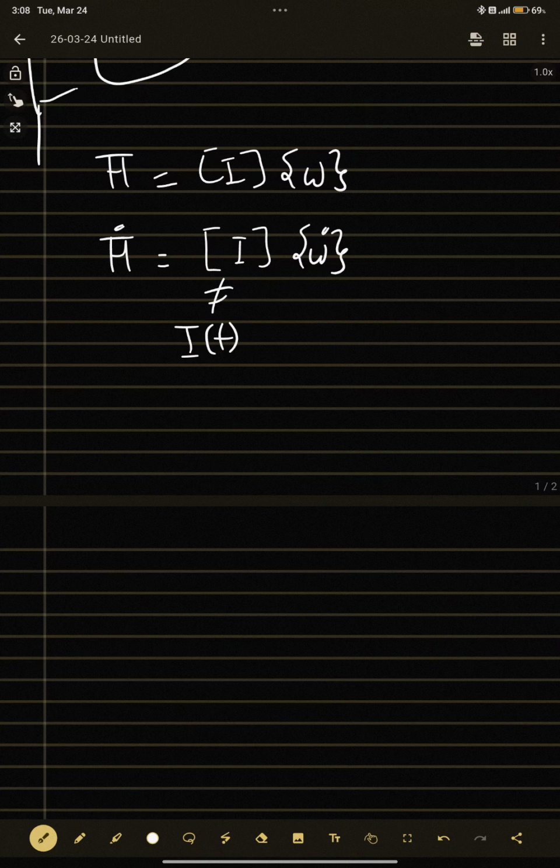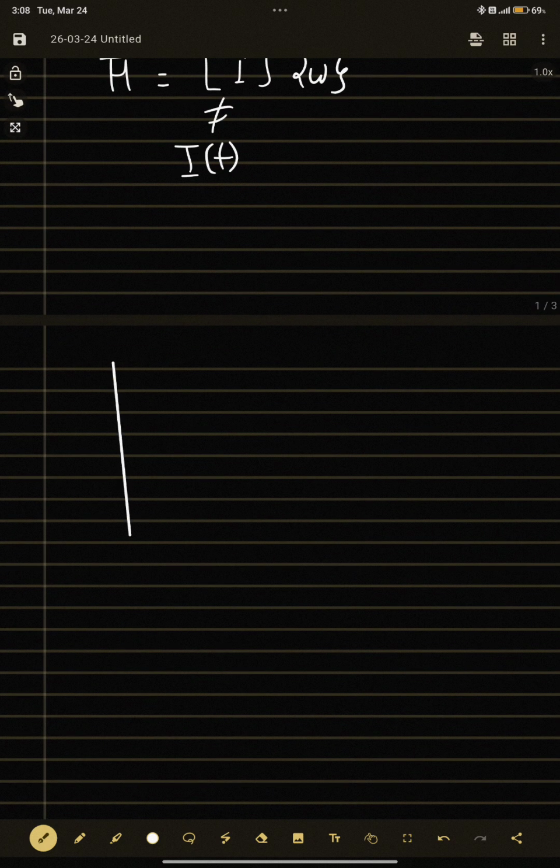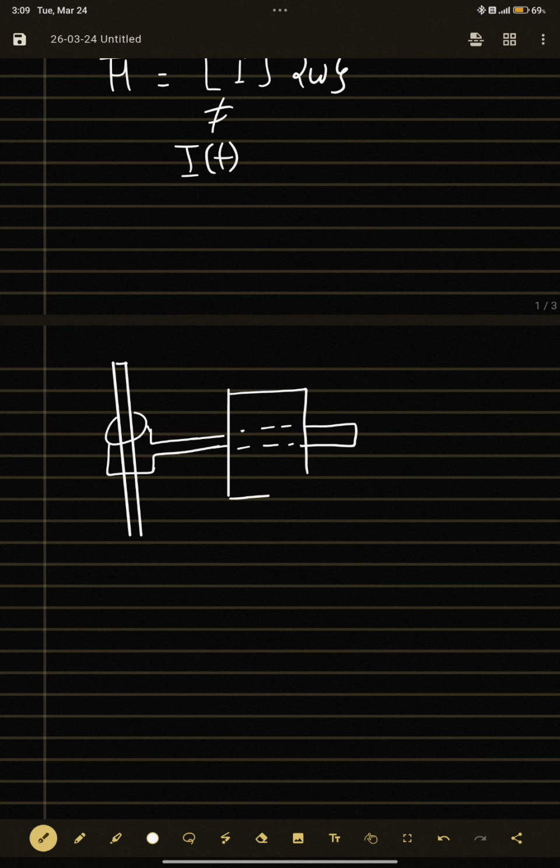You have a shaft like this, and revolving around this you have another, let's say, a rotor which is mounted rigidly on this shaft. Let's say you have a rotation like this, and you have a rotation like this.